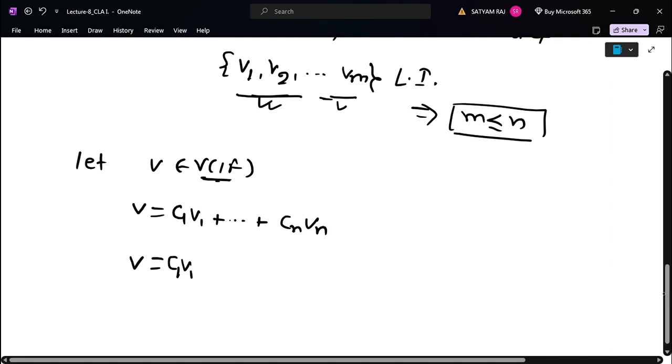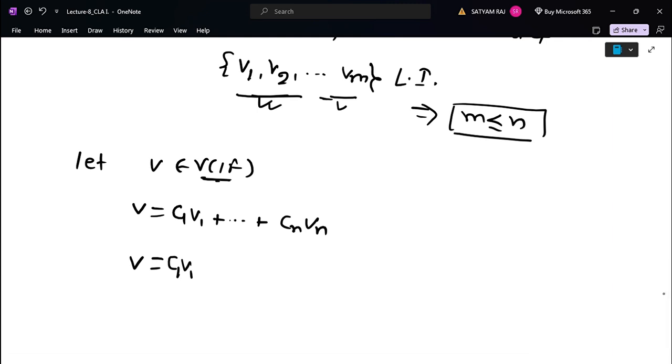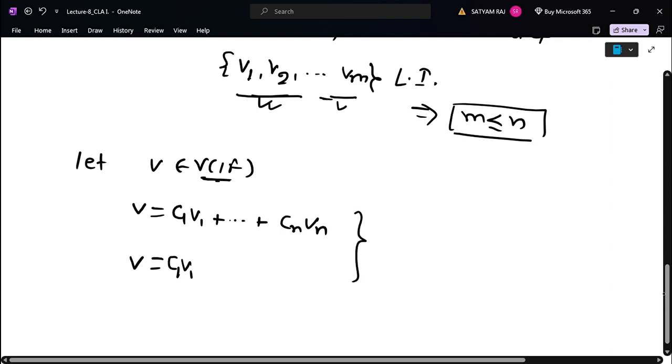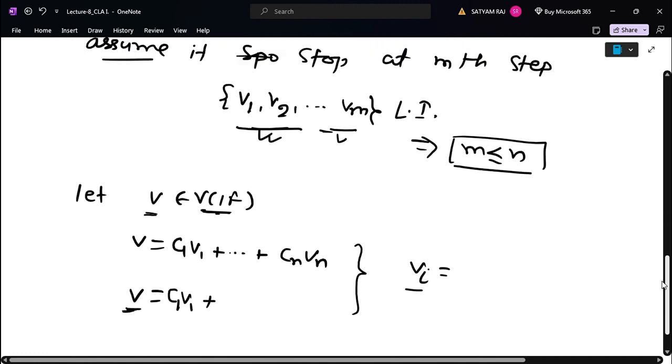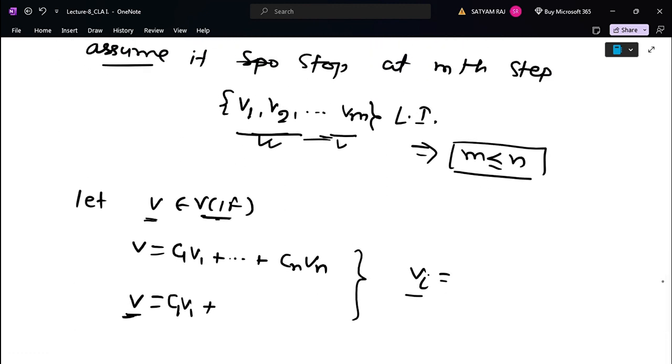What I mean to say is that if a removed vector vi has been used in spanning the arbitrary vector v, it was removed from the set v1, v2, ..., vn to get the new set, so vi is not in this set.